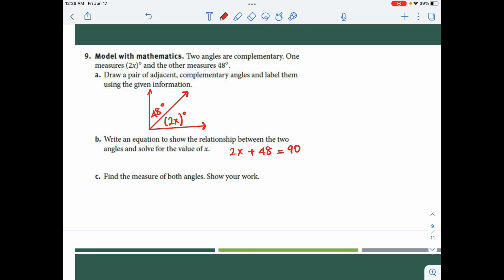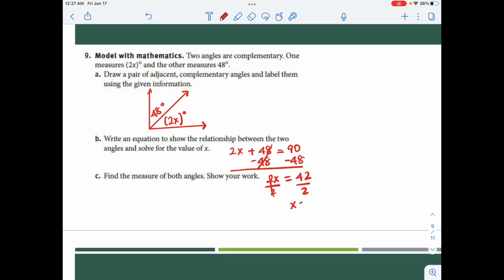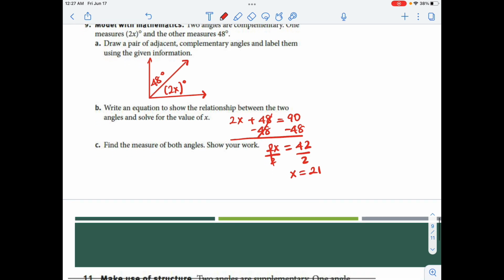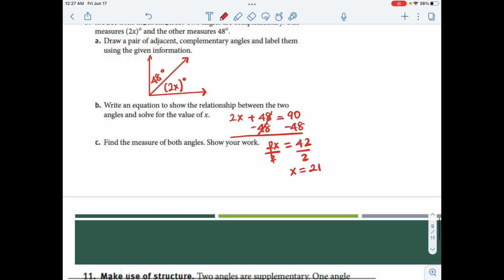So from here, subtract 48 from both sides, and 2x will be 42. If you divide both sides by 2, x will be 21 from here. Okay, or you can say 21 degrees as well.